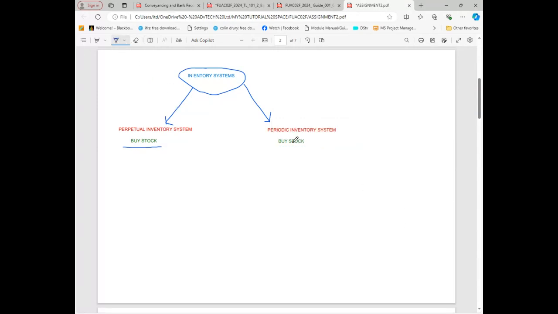Now, when you buy stock under the perpetual inventory system, you normally say you bought trading stock. So when you buy stock, we say we bought trading stock.